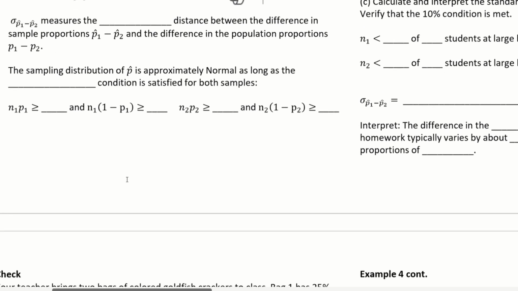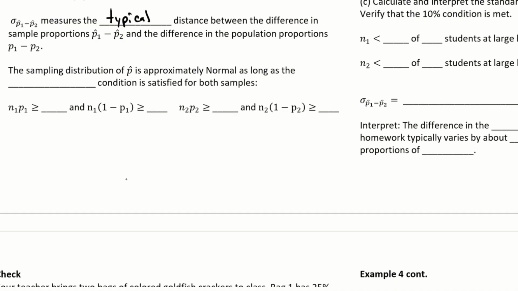All right. Now, what does this sigma measure? It measures the typical distance between p hat 1 minus p hat 2 and the true difference, p1 minus p2. So we have the typical distance between the sample differences and the true differences in the proportions.